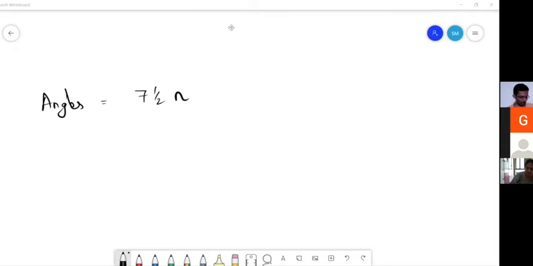Okay, right. So this is one thing. Now suppose we have a given rectangle, say something like this. I will keep it something like this.